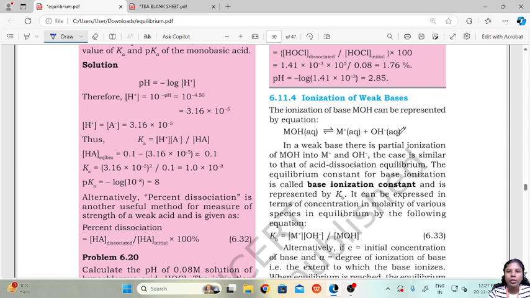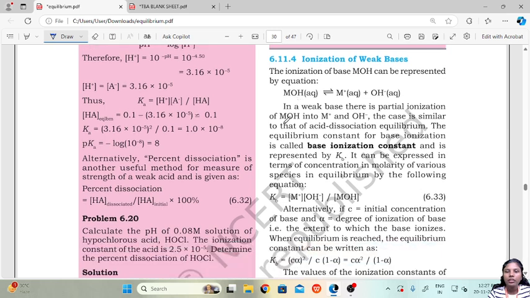Next, let's look at the ionization of weak bases. We spoke about weak acids, now we look into the ionization of weak bases. The ionization of base MOH can be represented by the equation MOH breaking down into M plus and OH minus, that is, it gives away its electron to OH and therefore OH has become OH minus, and M itself is becoming deficient of an electron.